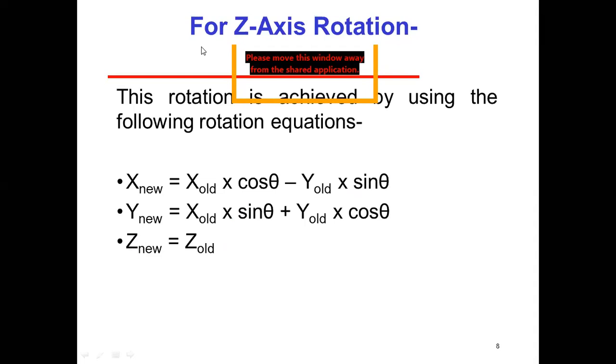In the preceding case we have already seen, if we rotate about the x axis, then x new and x old will remain the same. Similarly, if we rotate about the y axis, then y new and y old will remain the same. Similarly, in case of the z axis, z new and z old will remain the same, it will not alter. And the rest of the coordinates we can calculate by using the formulas.